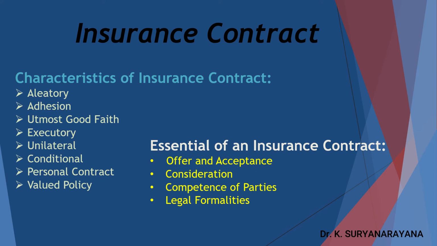This accepting procedure is different for property, liability insurance, and life insurance. In property insurance, the offer and acceptance can be oral or written, and the agents have the power to bind their companies through the use of a binder, which is a temporary contract.